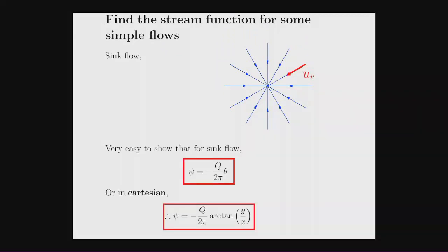Right, and if you do the derivation again, you end up with psi equals negative q theta over 2 pi. Right, so the only difference is that you have a negative here. Okay, and in Cartesian coordinates, you have negative q over 2 pi arctan y over x. Okay, so you have a negative in your stream function for a sink.